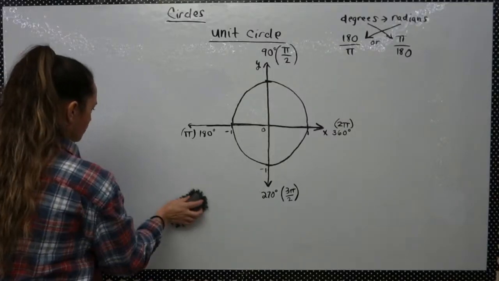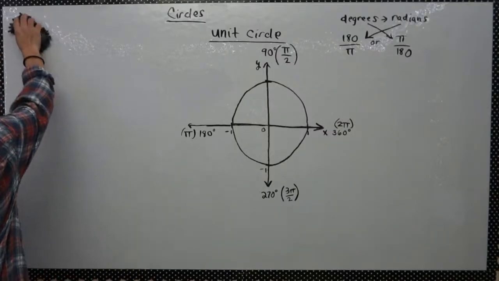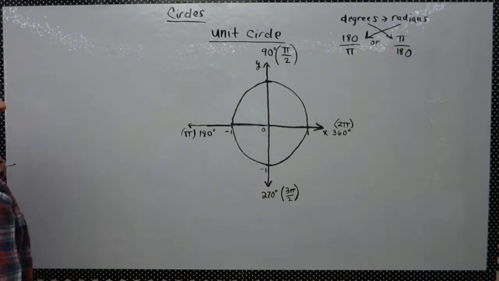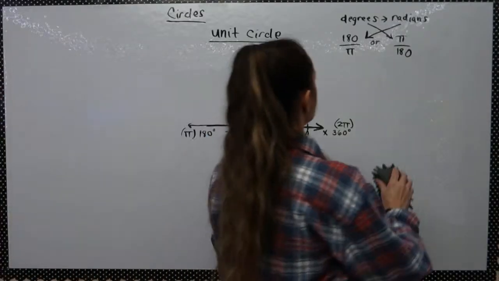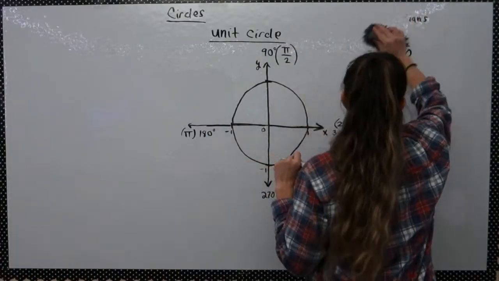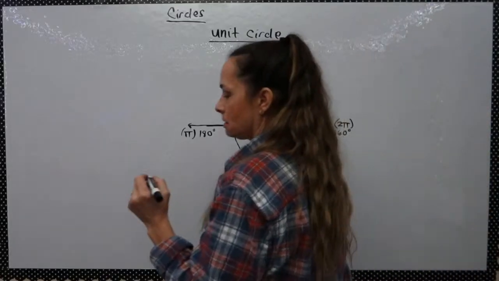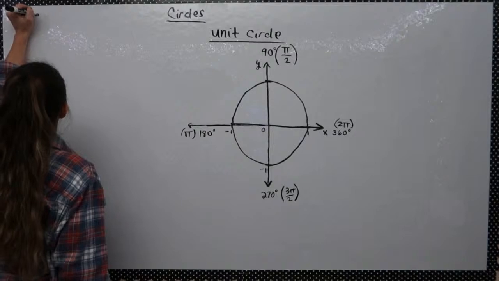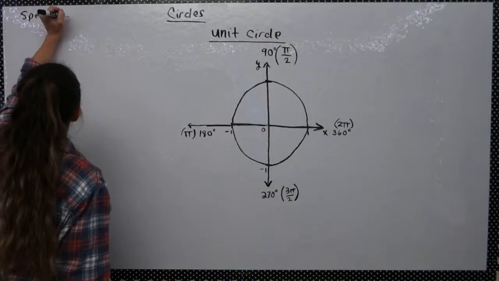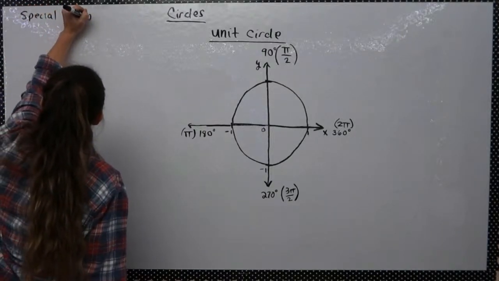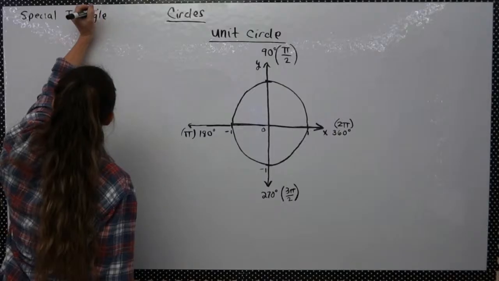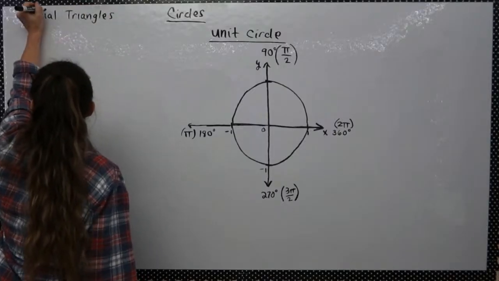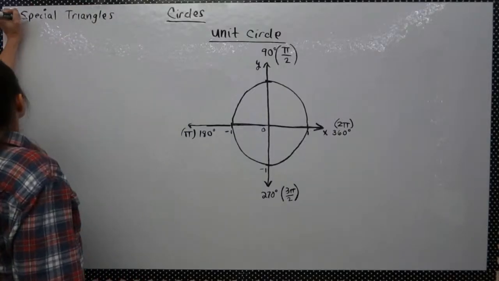So the other part of the unit circle is the special triangles. Can also erase this. All right. So we have the special triangles. There's a right scalene triangle.